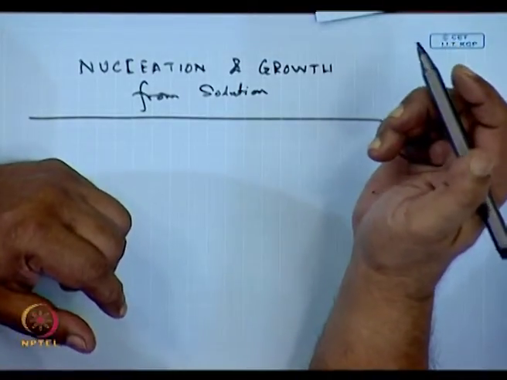Most of you have seen sugar. You have bought sugar in the market. You have seen sugar cubes which are very coarse, each side a couple of millimeters, 2 millimeters. There is sugar which is very fine.